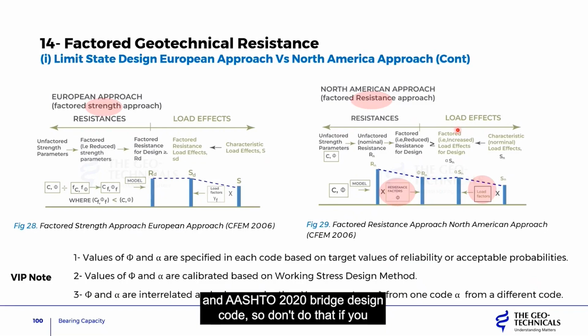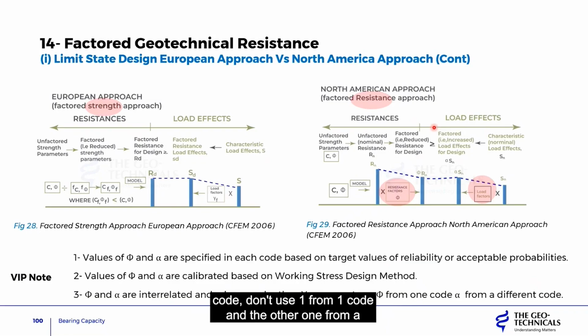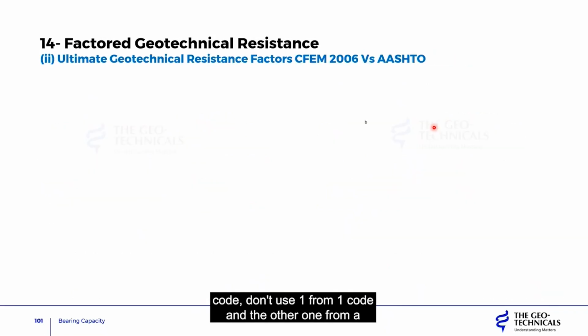So don't do that. If you are working with the Canadian Highway Bridge Design Code, use the factors from that code. If you are designing using AASHTO, use the factors for both load and resistance from the AASHTO code. Don't use one from one code and the other from a different code.